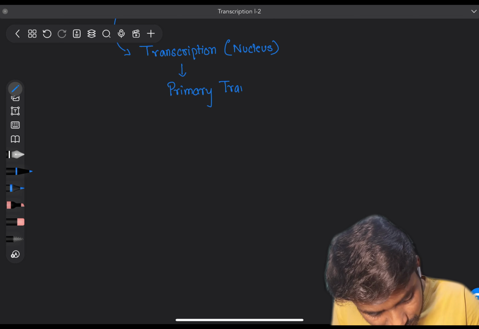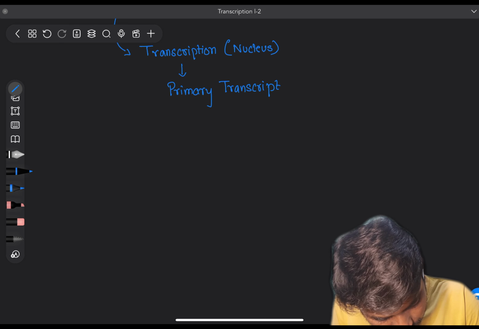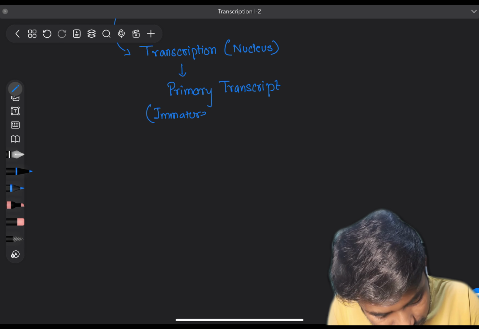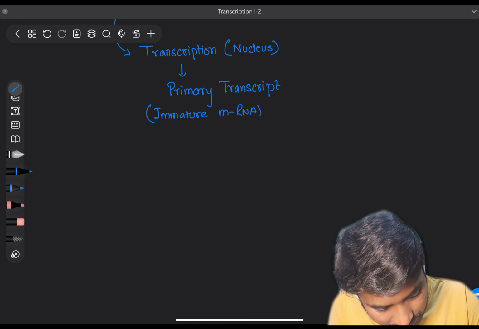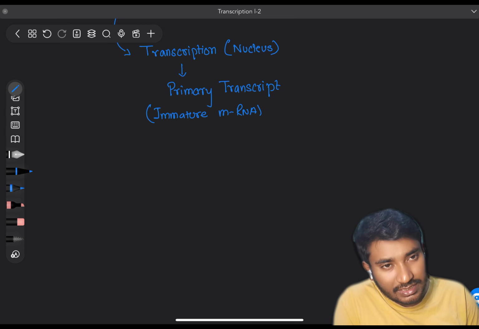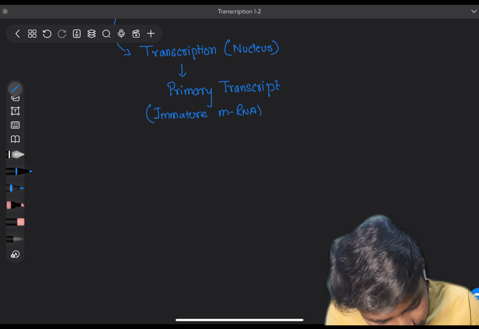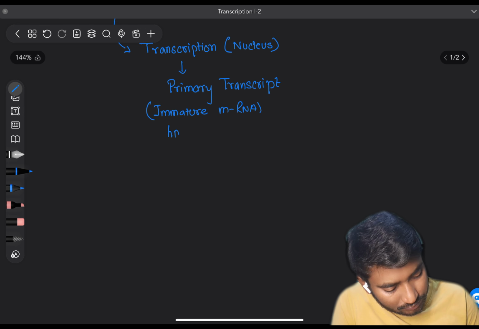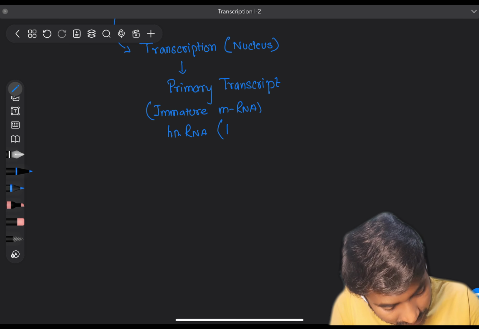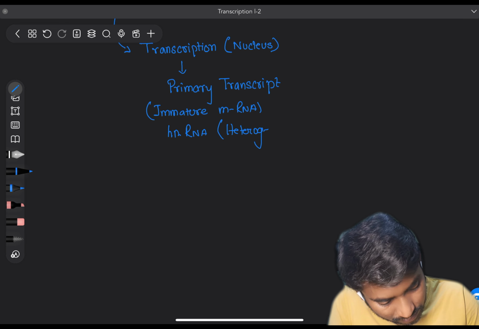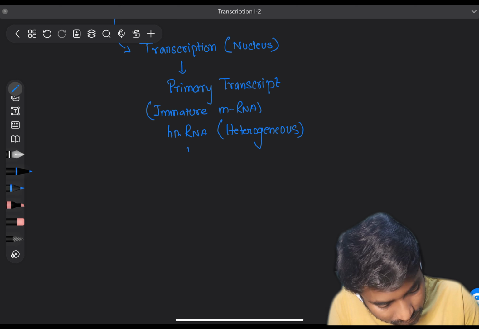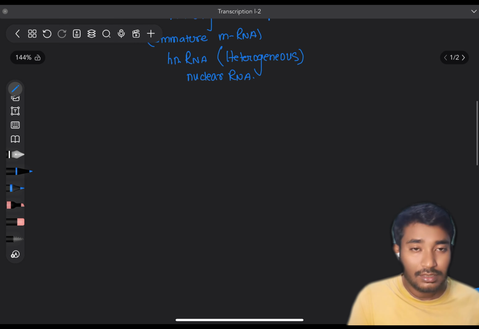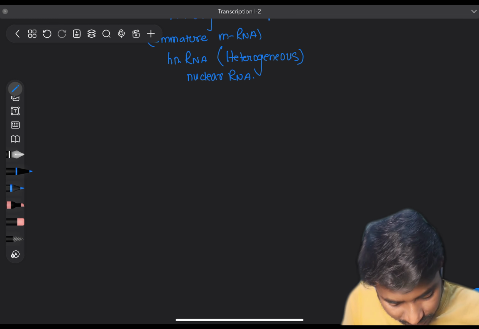The primary transcript contains immature mRNA, that is heterogeneous nuclear RNA. Okay, it contains heterogeneous nuclear RNA.